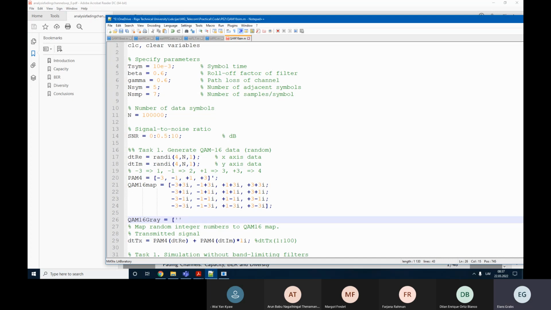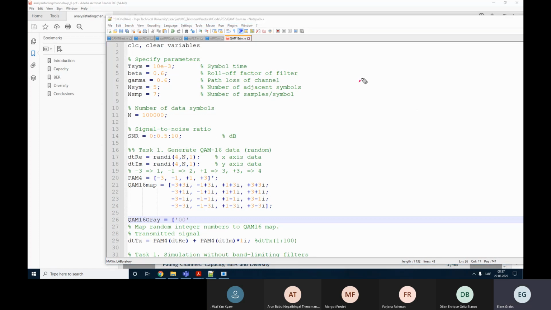I'm going to use string notations. So -3 matches 1, which is 00. And +3 accordingly. Let me write it here again: 1 is 00, 2 is 01, 3 is 11, and 4 is 10.